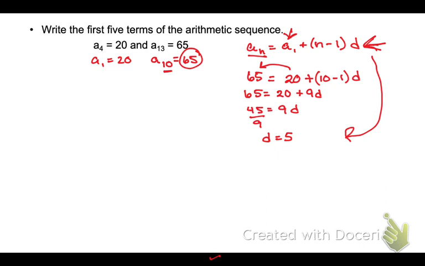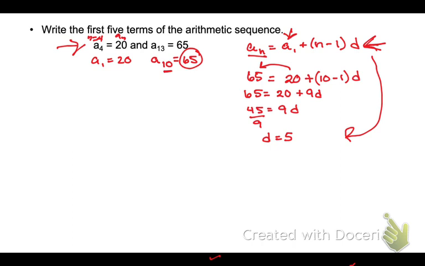Yes. So now that I have the difference, I go back to the original and pick one of them. I don't care, a sub 4 or a sub 13. A sub 4. Okay, so we're going to do the same thing. But this is going to be my a sub n now, and my n is going to be 4.